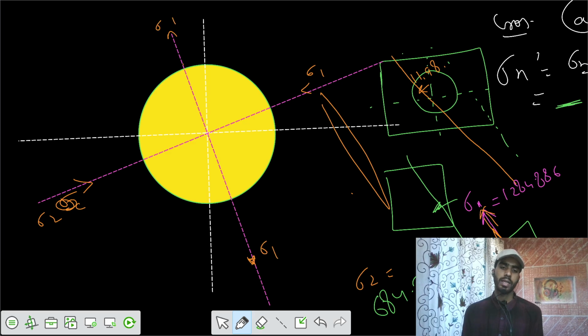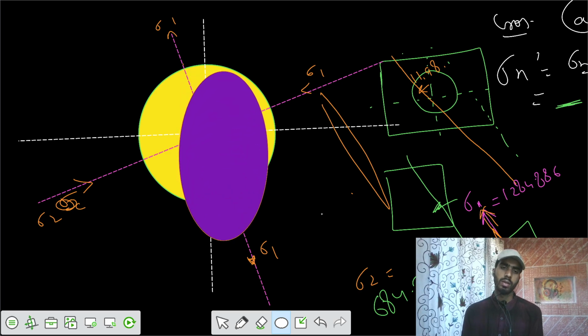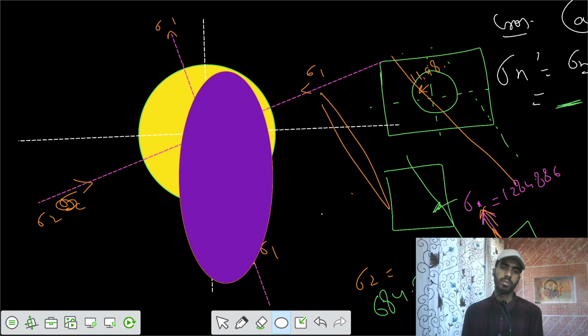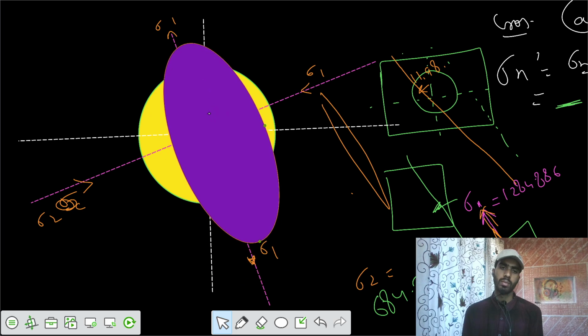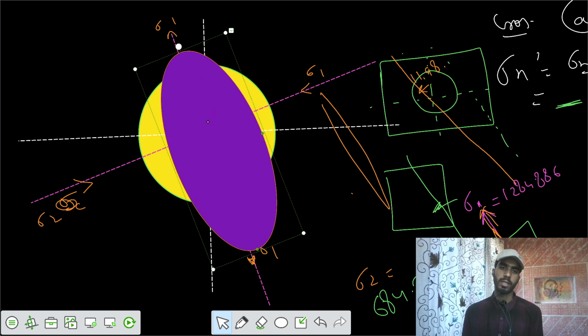And because of that, the material would get deformed into a shape in this form. Then I would say that this is our minor principal axis.